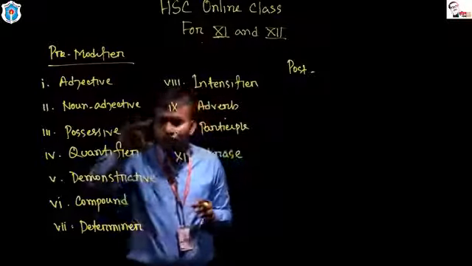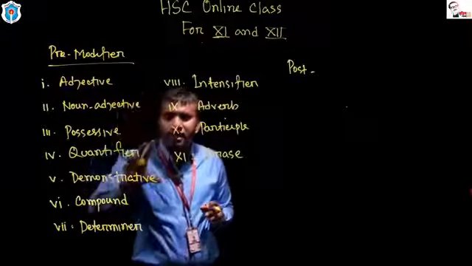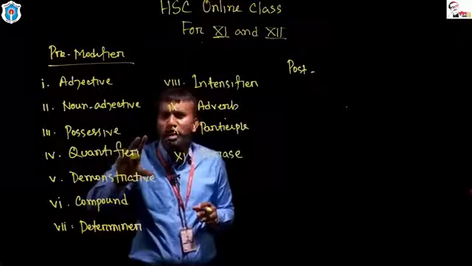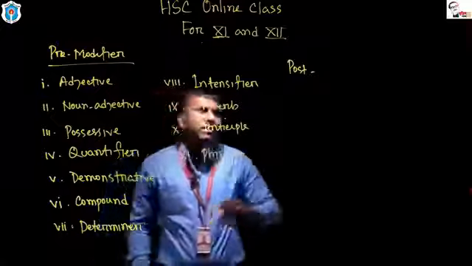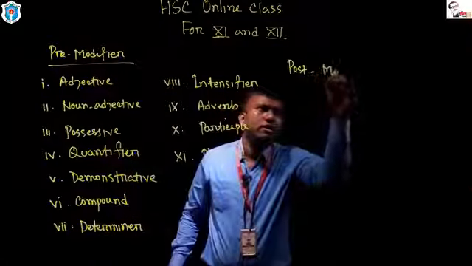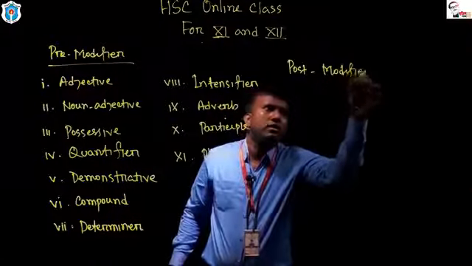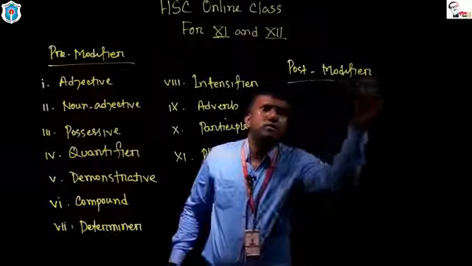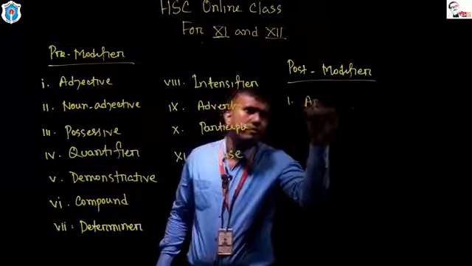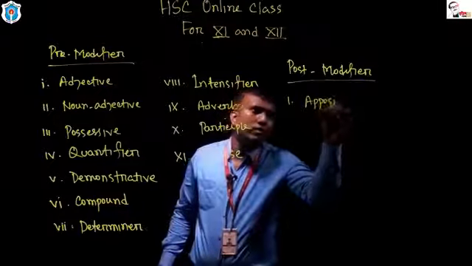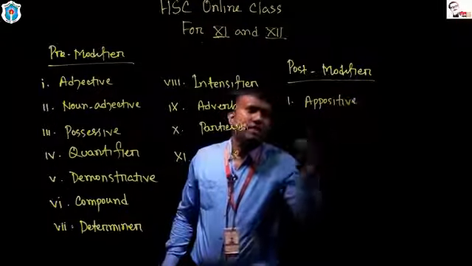Okay, if you can learn these grammatical items clearly, I'm sure you will be able to write with confidence in your scripts. Okay, under post modifier, there are some grammatical items like, number 1, appositive.